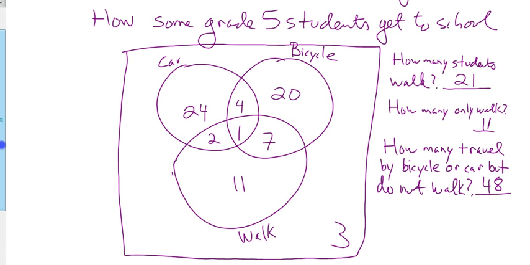So, how would we express that in set theory notation? We have bicycle or car.